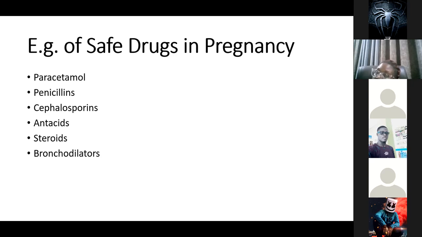Antacids, a lot of the time you have heartburn because of the gravid uterus, and then steroids. So pregnant women who have asthma can safely be given prednisolone without any problems, as well as nebulization with bronchodilators.